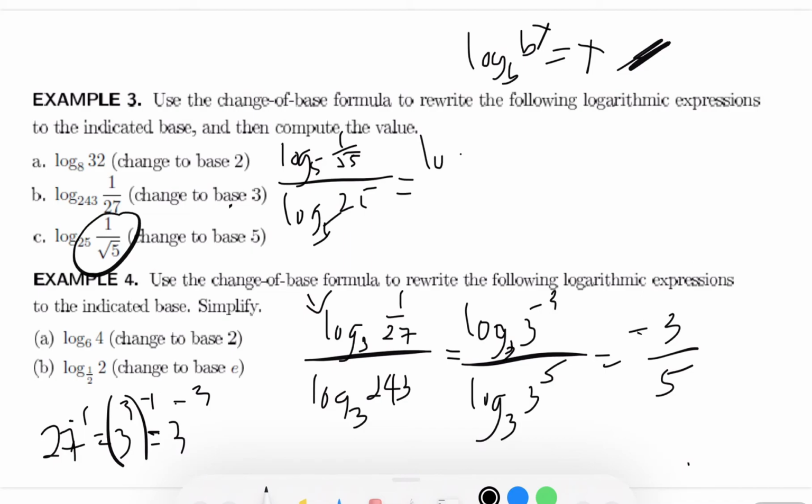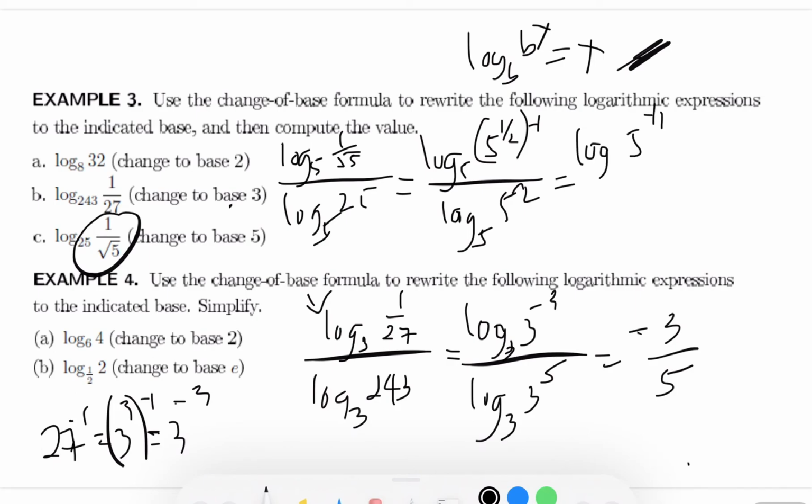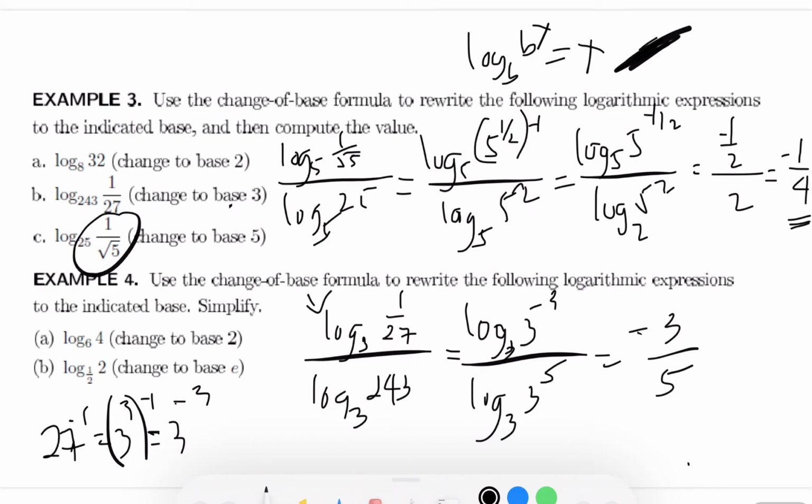So we can rewrite this one as log of 5 raised to 1 half raised to negative 1 base 5 over log of 5 squared base 5. So this is now negative 1 half over 2 by this property again. So this is negative 1/4.